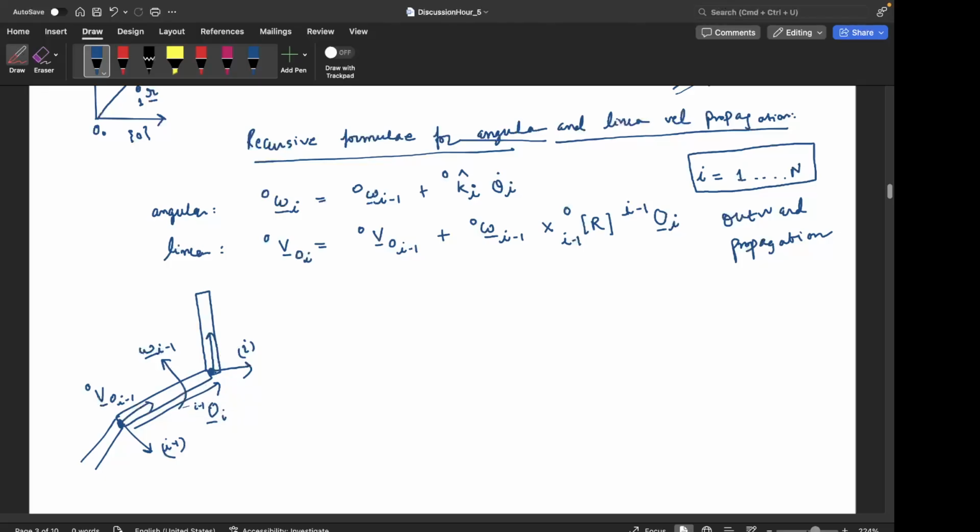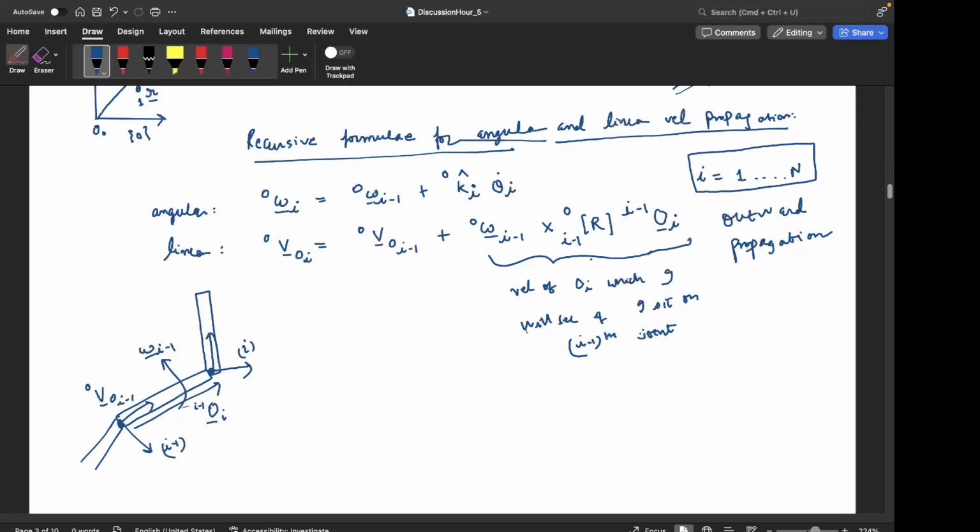So the velocity that I would see if I sit at the I minus 1th joint is this, right? So this is the velocity of OI, which I will see if I sit on the I minus 1th joint, right?